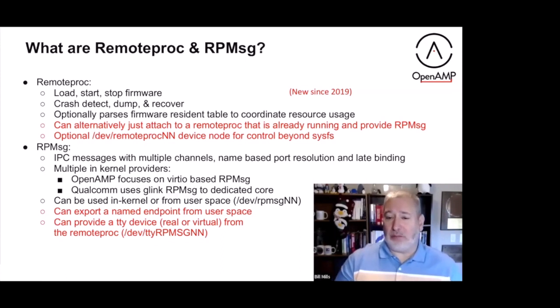This is important if you needed to start that remote processor early for a boot latency requirement, or the remote processor is a safety function and the kernel needs to be hands-off. So this capability is important for those kinds of situations.